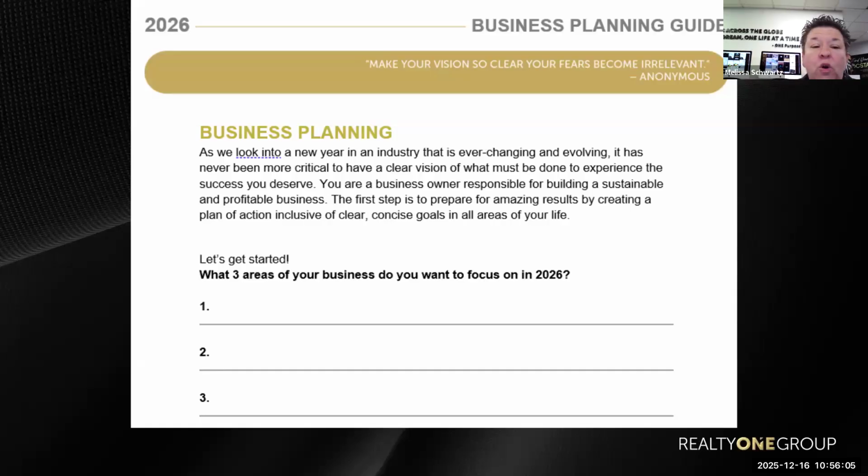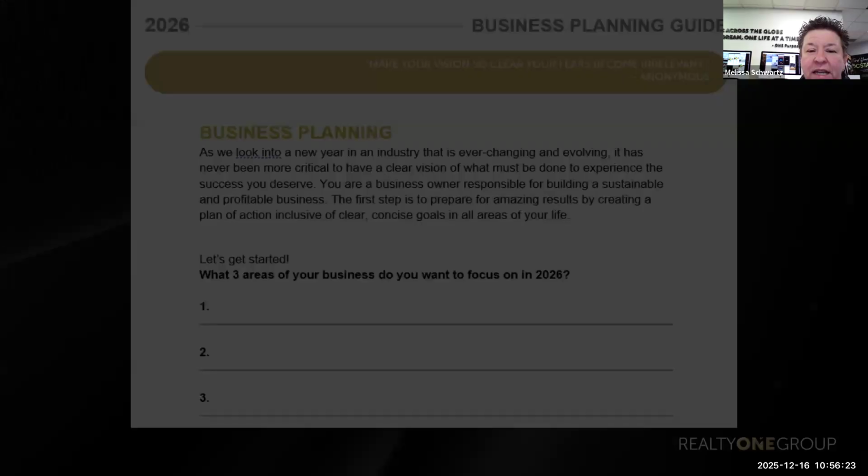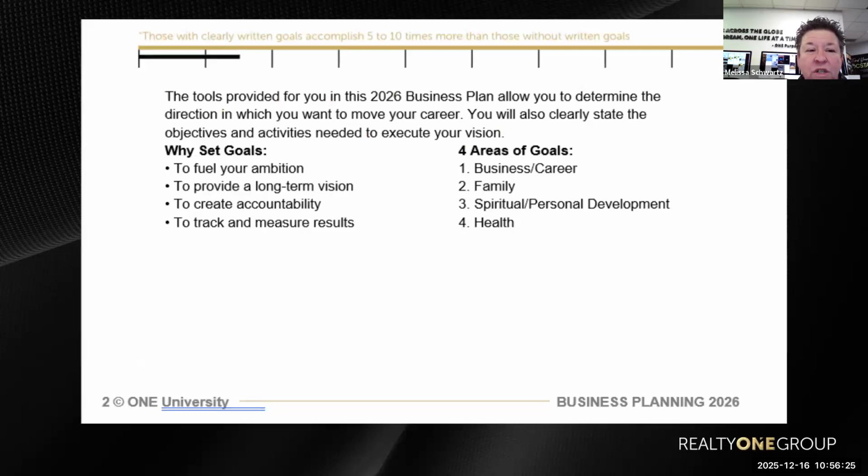Okay. So we're going to get started by looking at what 3 areas of your business do you want to focus on in 2026. You can focus obviously both on business and personal. The documents and the worksheets will show you both. So it does give you both options to give you an idea of things to set goals.